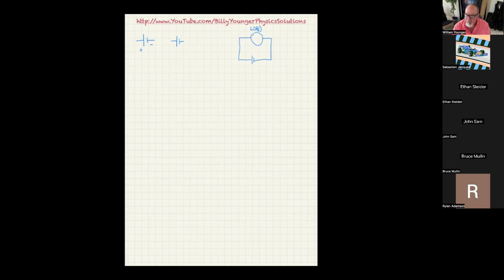And you can't have a complete circuit that works unless that positive terminal, which is compelling positive charges to run away from it, has a path for those positive charges to return through the negative terminal. If you don't have that return path, it's not a real circuit, and it's not going to work.